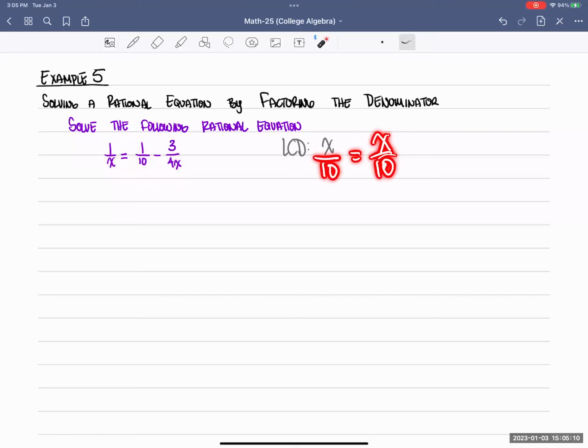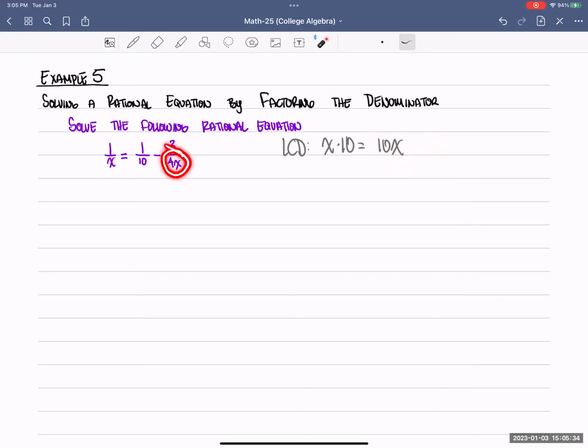I see that we have that denominator of 10, so I'm going to multiply by 10 and see if that helps. So we have 10x now. We're going to divide that by 10, and the 10's divide out, leaving us with x. So now all the fractions are gone there.